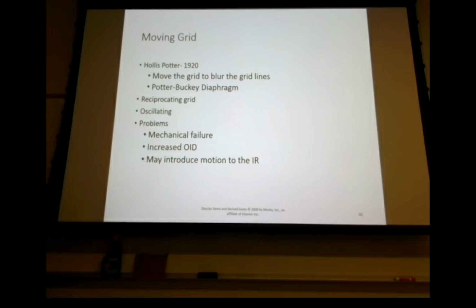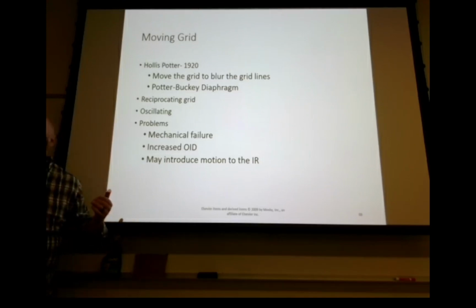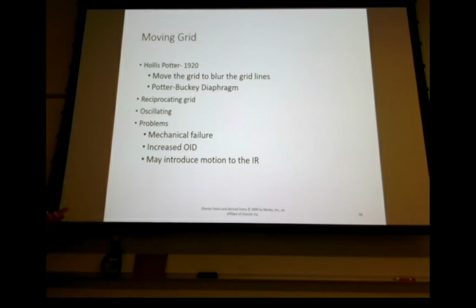So with your moving grid, as long as you're shooting into the bucky, into the table, or into the wall, it moves so that the likelihood of being able to visualize those grid strips decreases. It's kind of the same principle as using the wagging jaw.